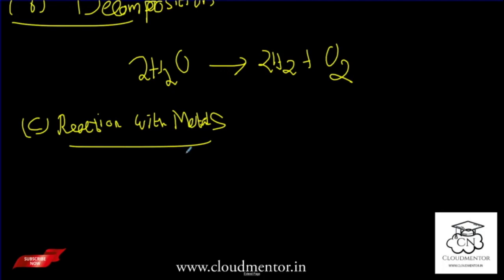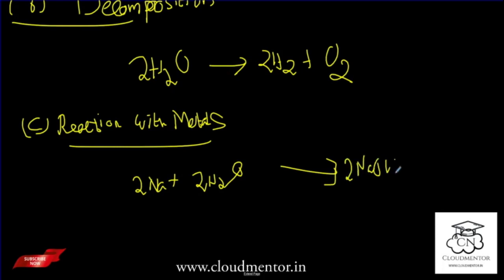The reaction is highly exothermic in the case of alkali and alkaline earth metals, and the hydrogen evolved catches fire. Here, if sodium reacts with water, it gives sodium hydroxide along with hydrogen. Hydrogen can also catch fire. It is a really violent reaction and exothermic.